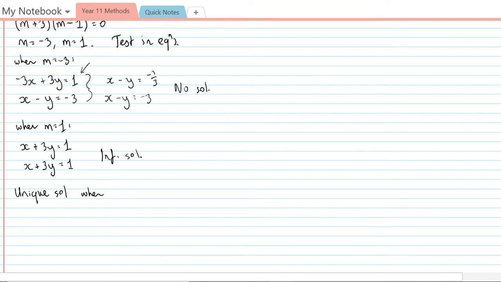So I could say when m is an element of the real number set excluding negative 3 and 1. And yeah, that's all we really need to do for that part. So getting the m values for a unique solution is actually really easy once we have done the other work.